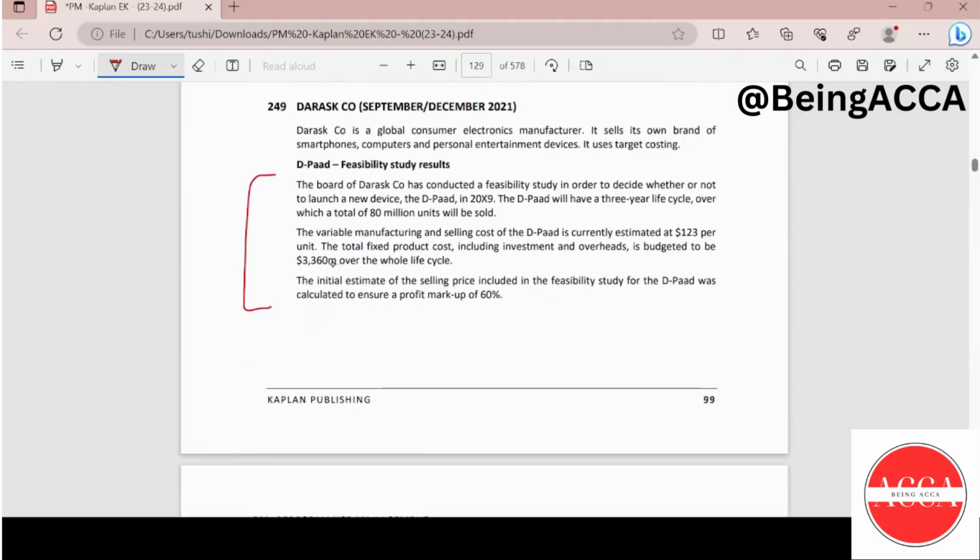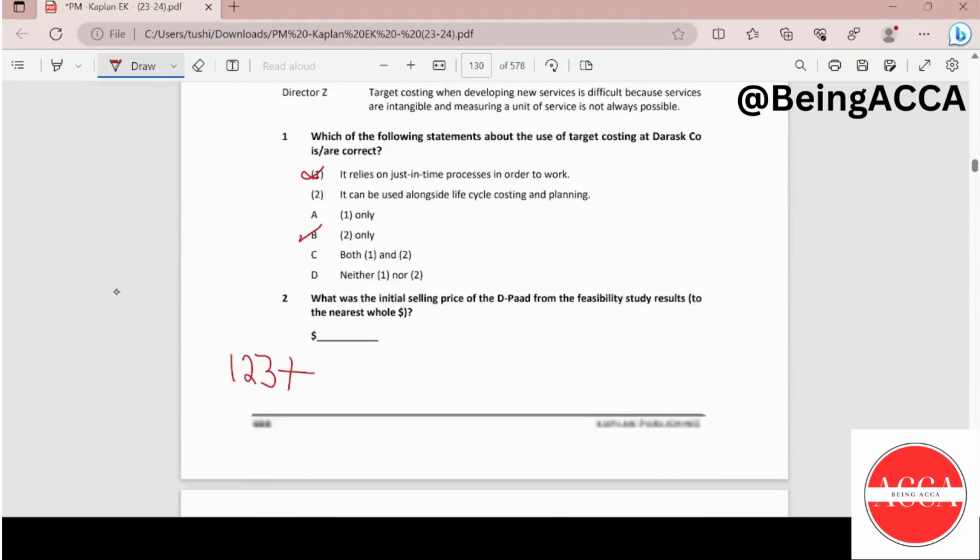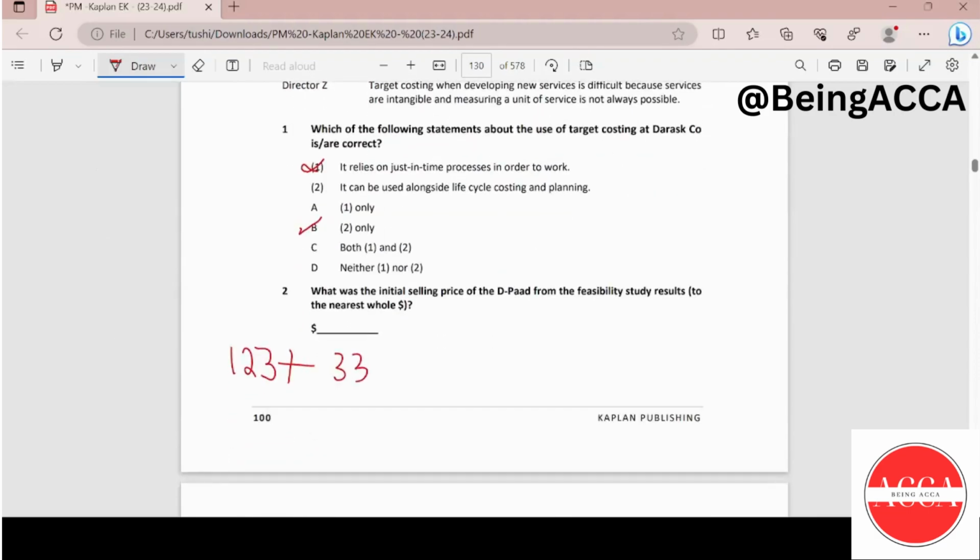Now, this is the total fixed cost which is going to be divided over 80 million units. So, I'm just going to do 3360 divided by 80. Now this will give me my total cost.